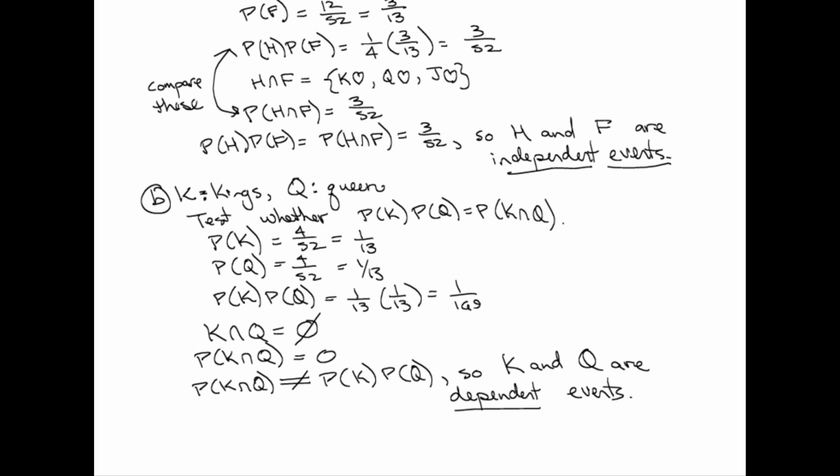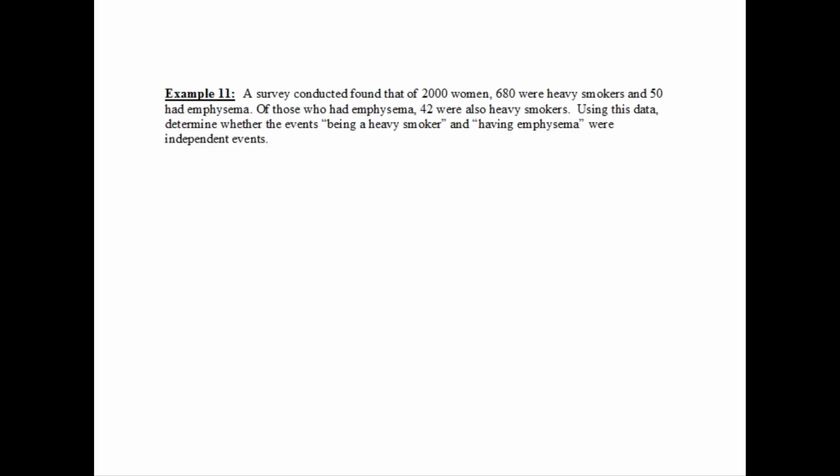Okay, let's do another one that's a useful example that we'll often find when we do surveys and statistics. Let's suppose we have a group of 2,000 women, 680 smoke heavily, and 50 have emphysema. 42 of the emphysema sufferers are also heavy smokers, and we want to determine whether being a heavy smoker and having emphysema are independent events.